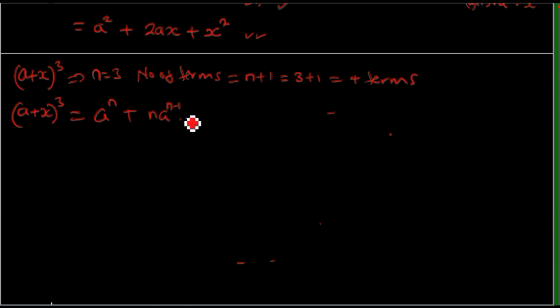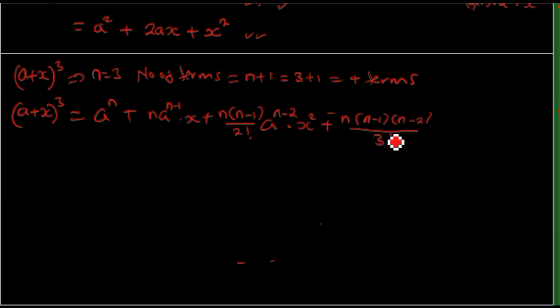You add n into n minus 1 over factorial 2 a power n minus 2 times x squared, and then add n into n minus 1 into n minus 2 over factorial 3 a power n minus 3 x power 3. So those are how many terms? 1, 2, 3, and 4 terms.